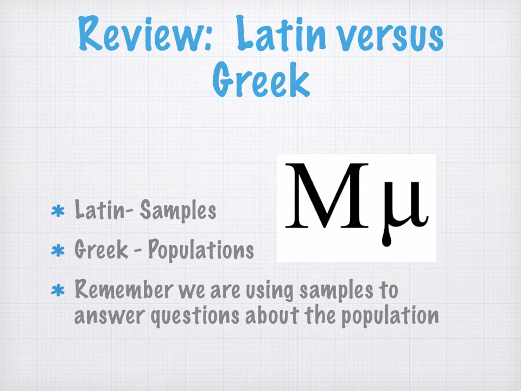Because there's no point in saying, well, I know something really great and interesting about these 12 people. That's great, you know something about those 12 people, but you want to be able to take what you know about those 12 people and apply it to the greater population as a whole. So again, the distinction between the letter M and the letter mu: M would be the mean of the sample, where mu would be the mean of the population. It's really important to remember those distinctions of Latin versus Greek letters.